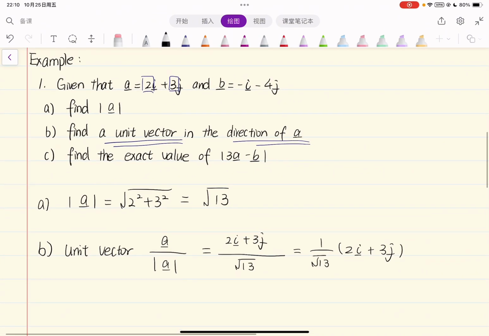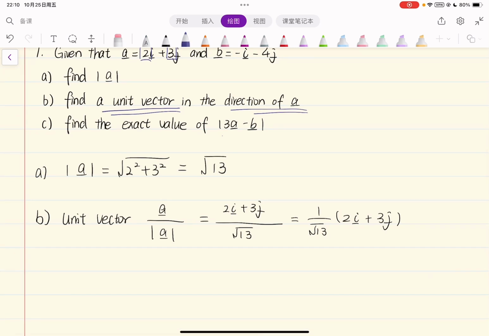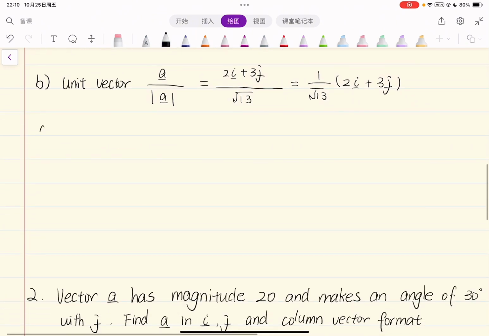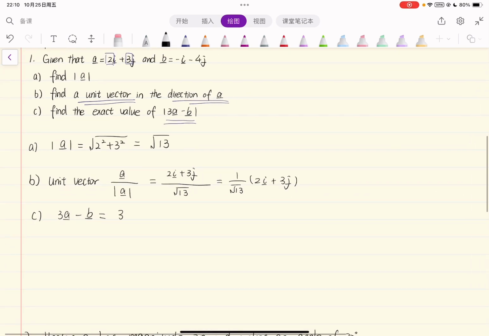For part C, it asks you to find the exact value of the magnitude of 3a minus b. So let us find 3a minus b. That equals 3 times (2, 3), here in the column vector form, and then minus (-1, -4).